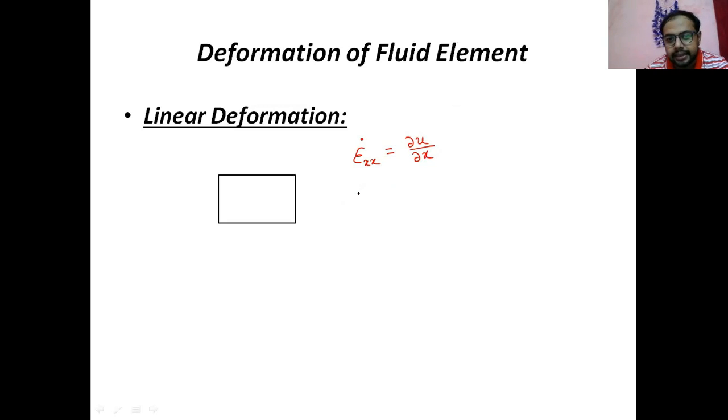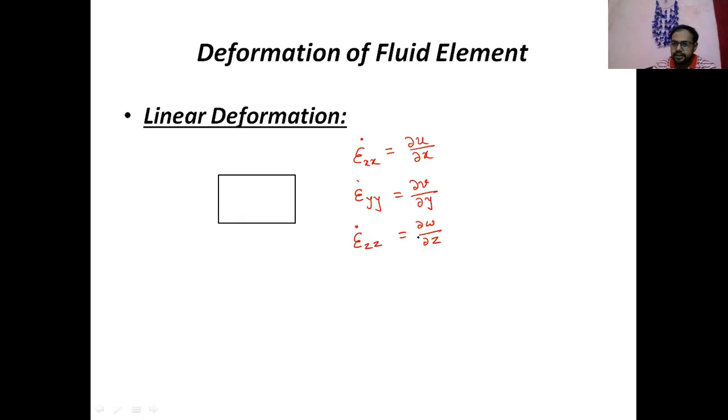Along the y-axis, similarly, we got del v by del y. And along the z-axis, this strain rate is dw dz.